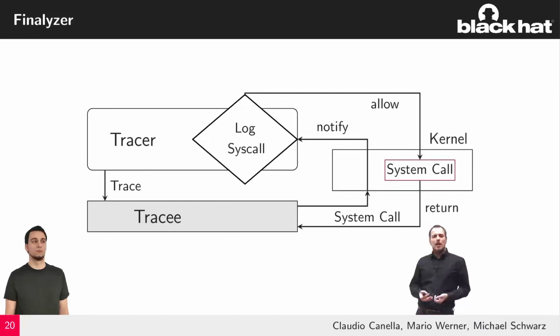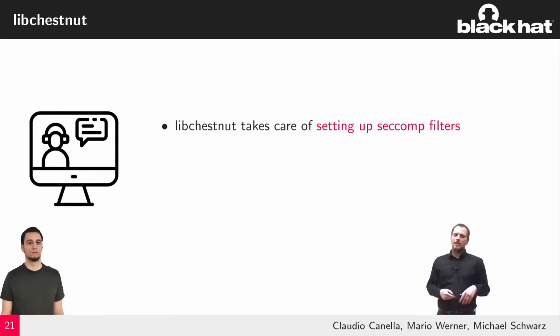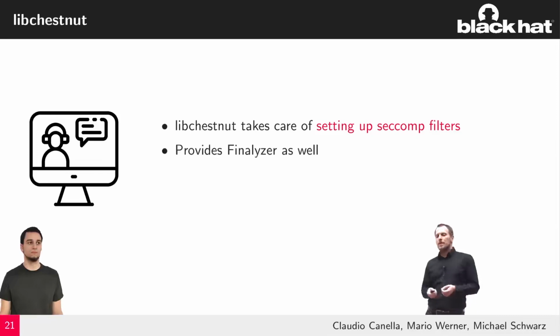So when we look where we implemented that, we basically designed a new small utility library called libchestnut. This library is in charge of setting up seccomp filters on application start, and it also implements this finalizer approach which I discussed on the previous slide.